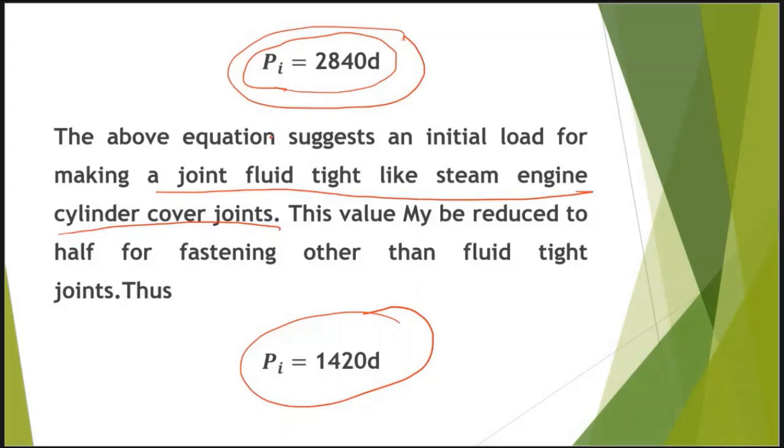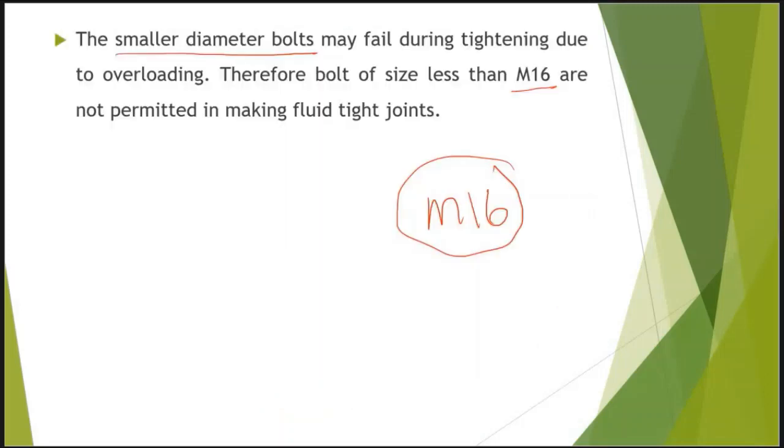As you have seen in the previous video, if you keep increasing the tightening load, at last the bolt will fail. So to avoid that failure, the bolt diameter should be large. For making fluid tight joints, we use bolt size greater than M16. Therefore, bolts of size less than M16 are not permitted in making fluid tight joints.